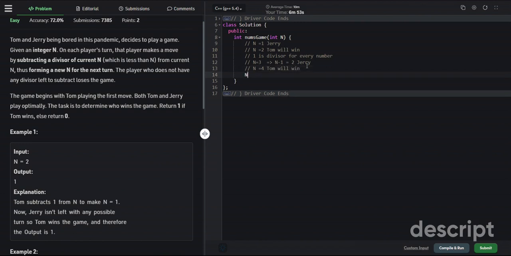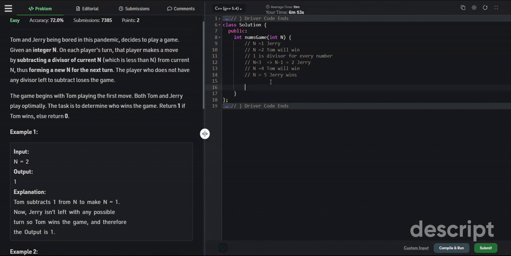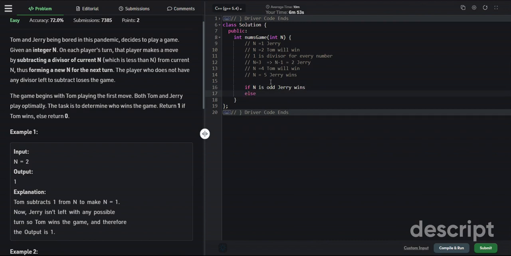If you make this pattern for n equals to 5, we will observe that Jerry wins. And this pattern continues. So what can we conclude? That if n is odd, then Jerry always wins. Else Tom will always win. So this is what we can conclude.